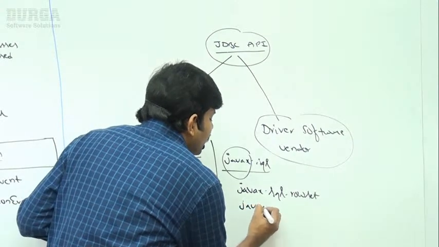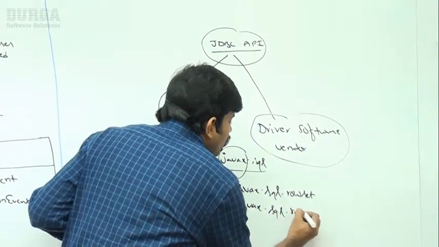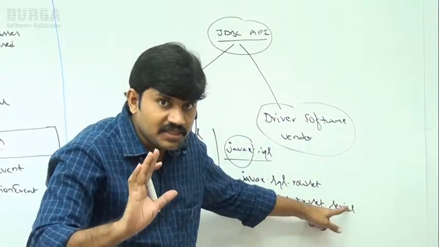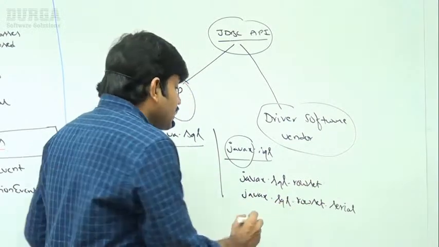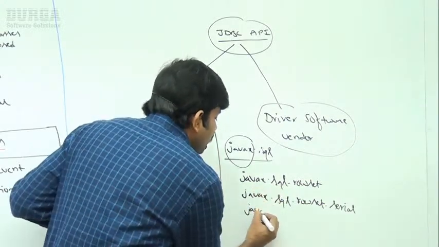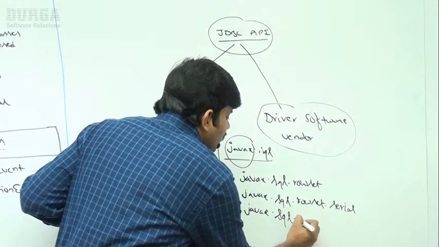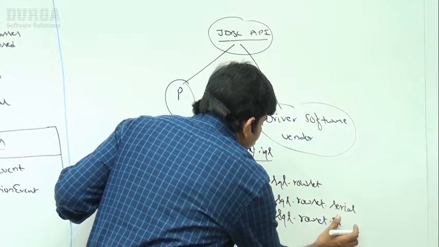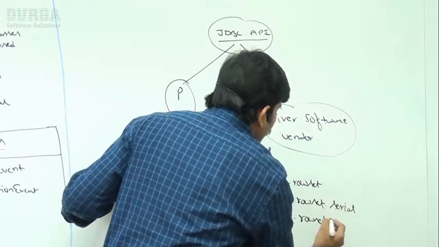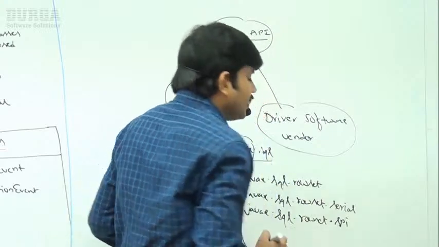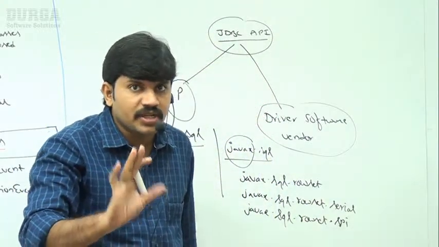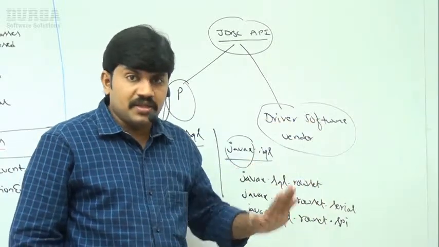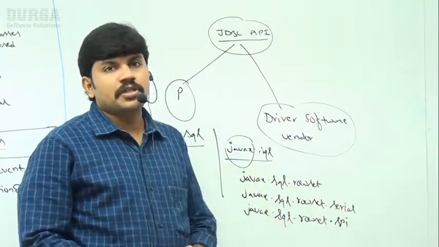Similarly, javax.sql.rowset.serial, which is for serialization purposes. Next, javax.sql.rowset.spi. SPI is nothing but related to the synchronization concept. Is it clear for all of you, right? Make sure, these are the various packages we have inside the JDBC API.